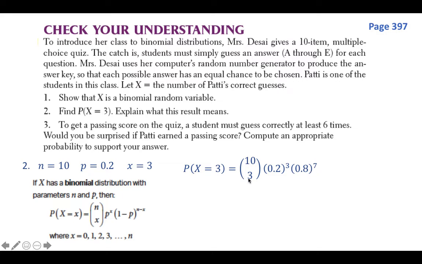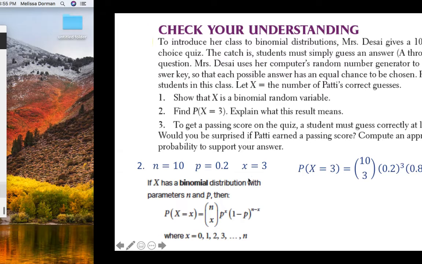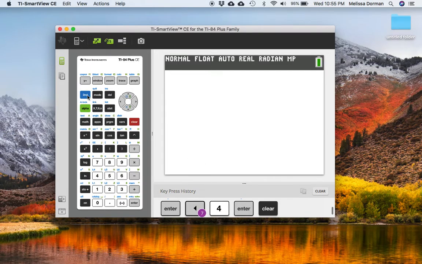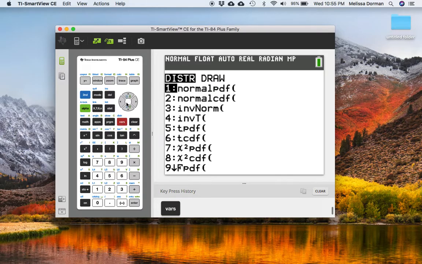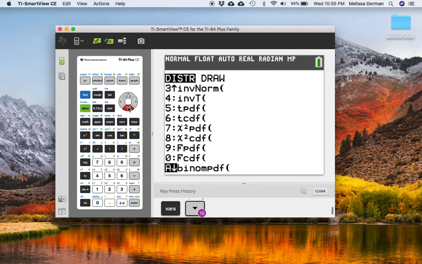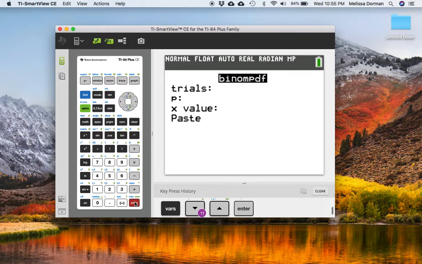What we can do is just go to the calculator, and we go to distribution. So I'm going to type second, distribution, and we're looking for binom PDF. We want the PDF one because we're just looking for an exact number. We want exactly 3 correct. Press enter.